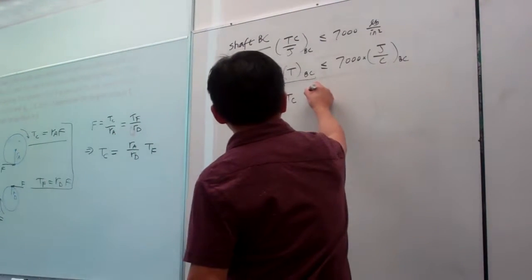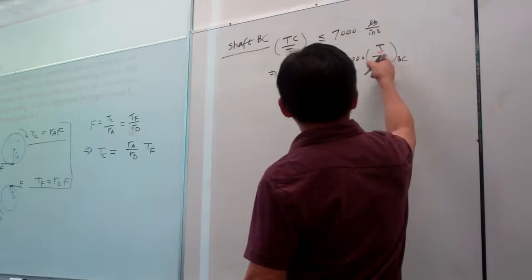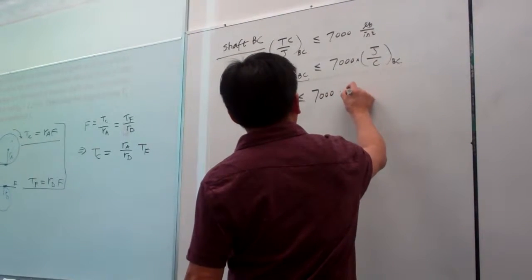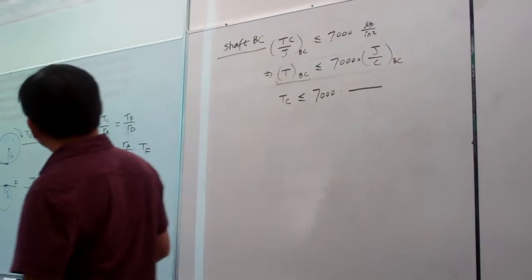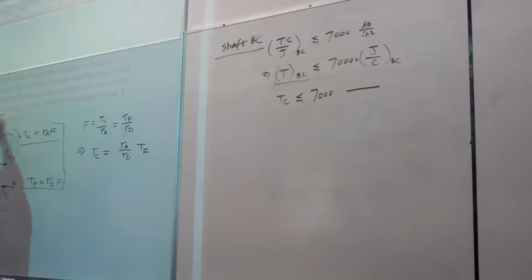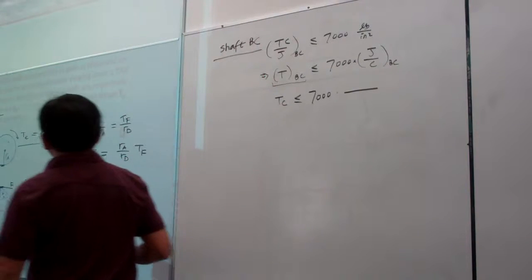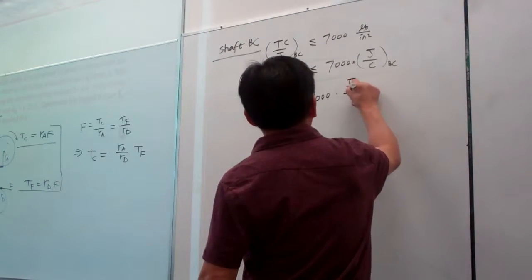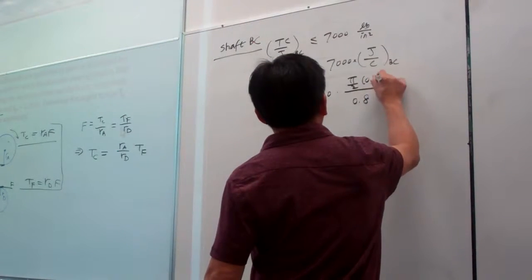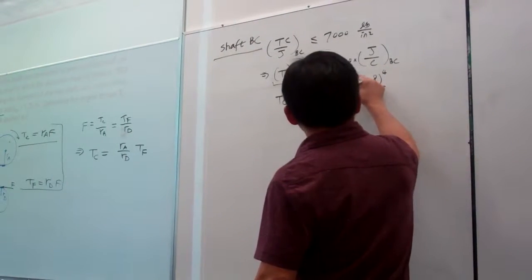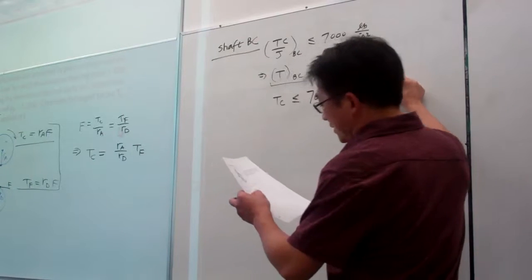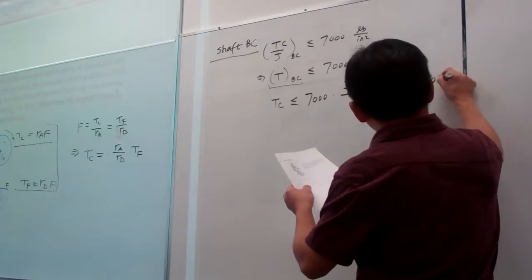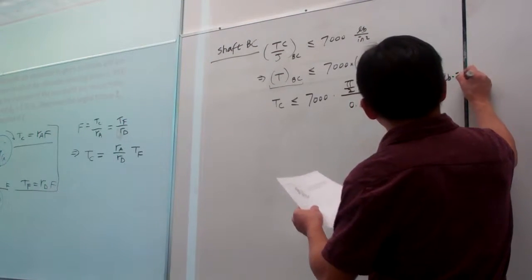Give me a few minutes, and you will see. So this is TC, and we plug in here, and that is 7,000 multiplied with C, equal to the radius of the BC. This is the diameter, so the radius is 0.08, and J is pi over 2 times 0.08 to the fourth power. So we plug in those numbers carefully. The T should be equal to 5,630 pounds per inch.